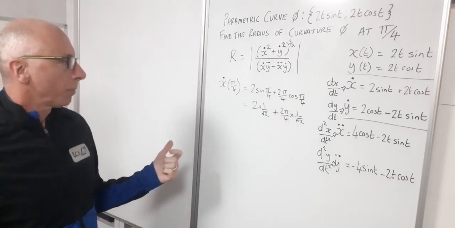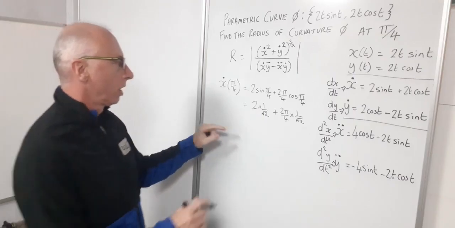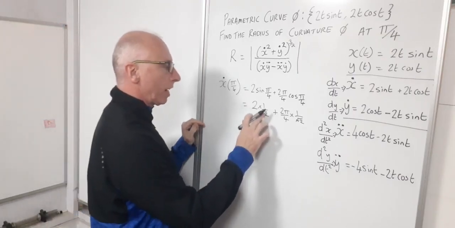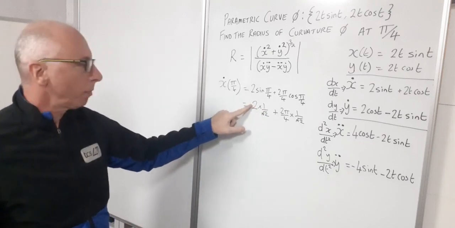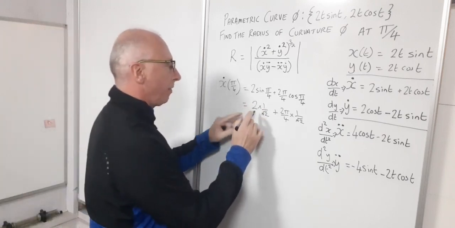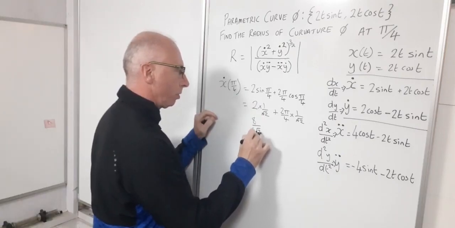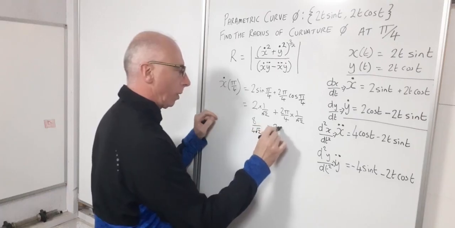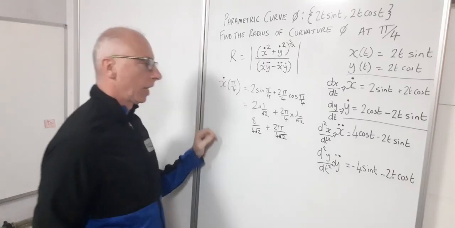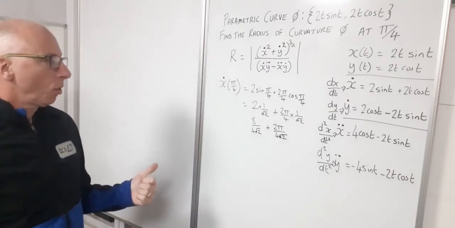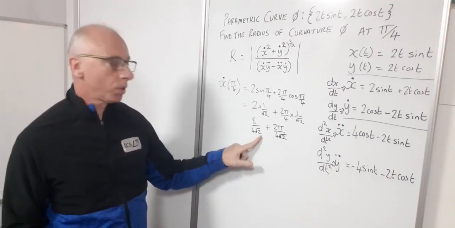Okay, now what can we do? Well, let's multiply this side by 4. If I multiply this one by 4, I'll get the same denominator on the bottom, but I'll also need to multiply the top by 4. So then I'm going to have 8 over 4 root 2 plus 2 pi over 4 root 2. That's all well and good, but it's not working for me on the bottom there, that's root 2, so that's irrational.